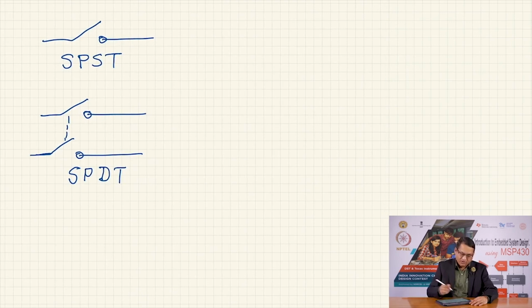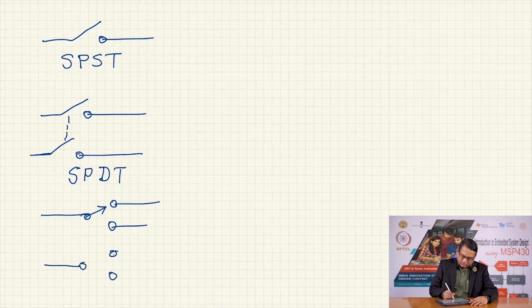double pole double throw. Now, I would have 2 poles, and these are again mechanically coupled, which means if this is A and B, I would call this A bar, A dash and B dash.